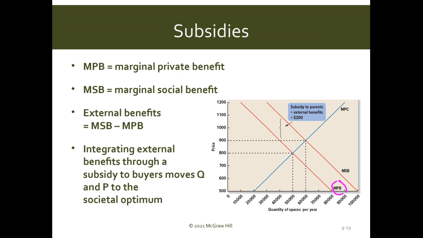And the equilibrium is here. So price is 800 and quantity is 50,000.